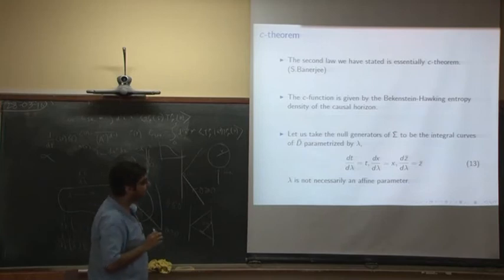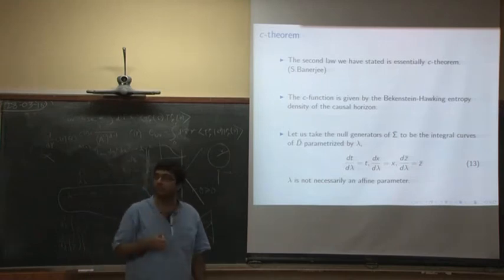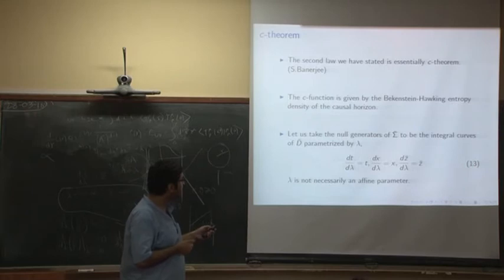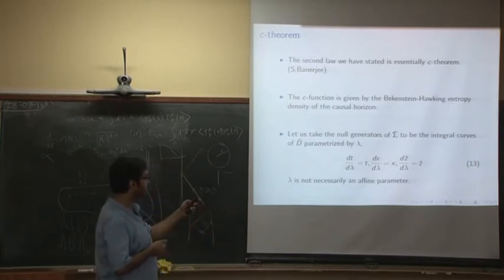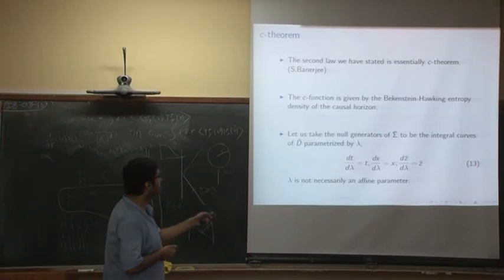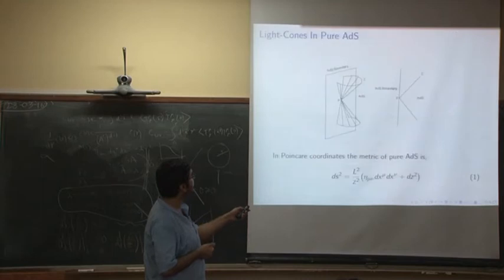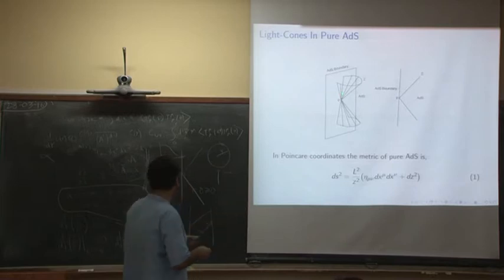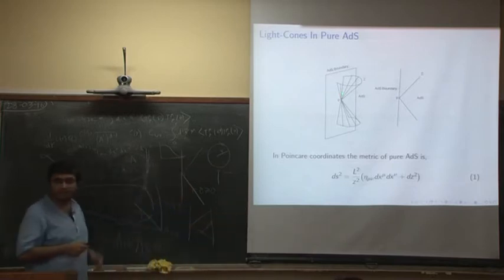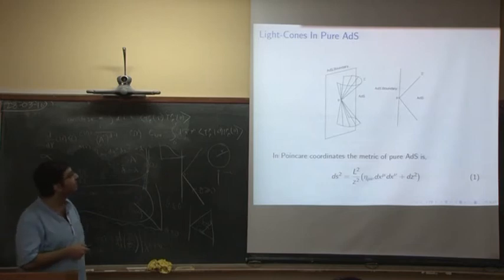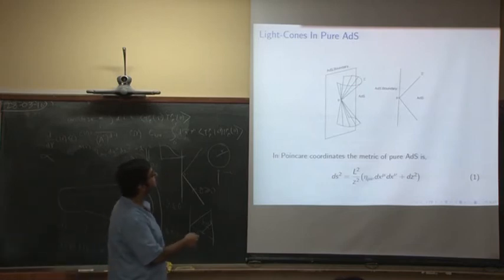Is this the curve for t less than 0 or t greater than 0? Which curve are we talking about? What is t? Right, this is t greater than 0, the top part, the future light cone.